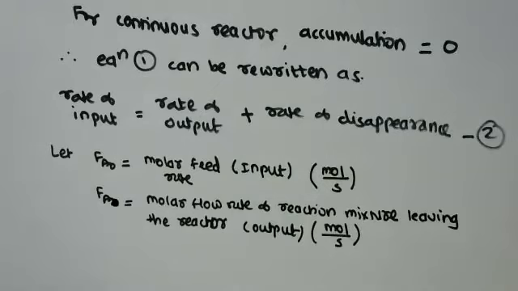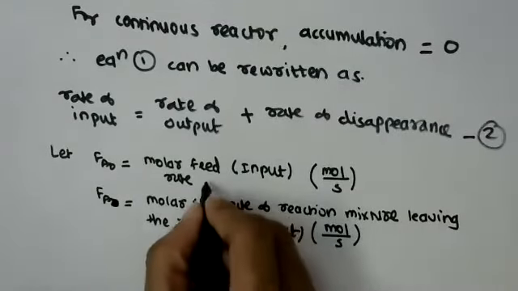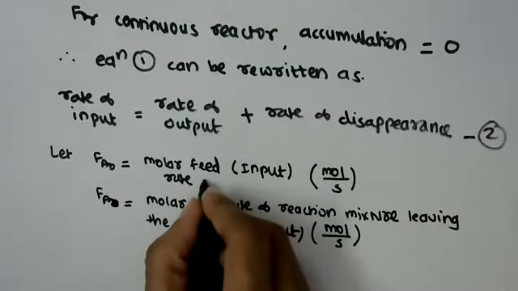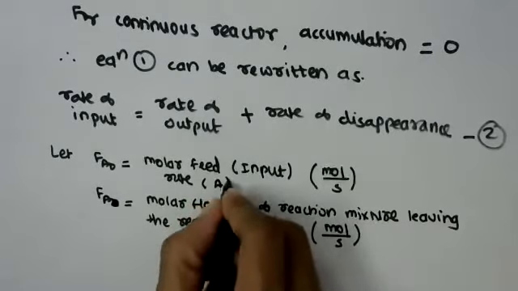And since the reactant is getting converted into product, the molar flow rate of the reaction mixture leaving the reactor changes. Now, please remember, for avoiding confusion, we will actually be taking the component balance, and therefore we may write like this for component A.